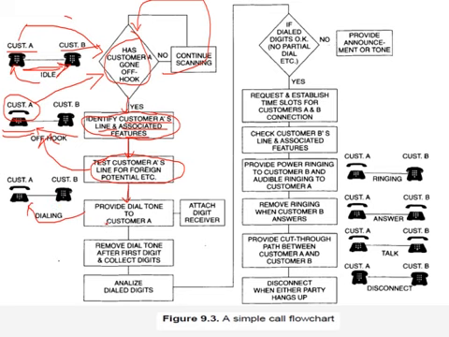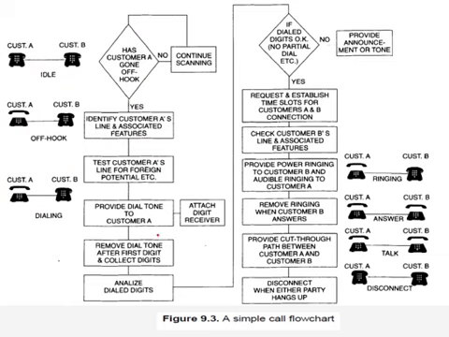If something has happened, customer A is not provided a dial tone, and in that condition it gives an indication to customer A that the phone is dead. Now let us assume that the phone is up and running and dial tone is provided to the customer. Once the dial tone is provided, customer A dials the number of customer B.